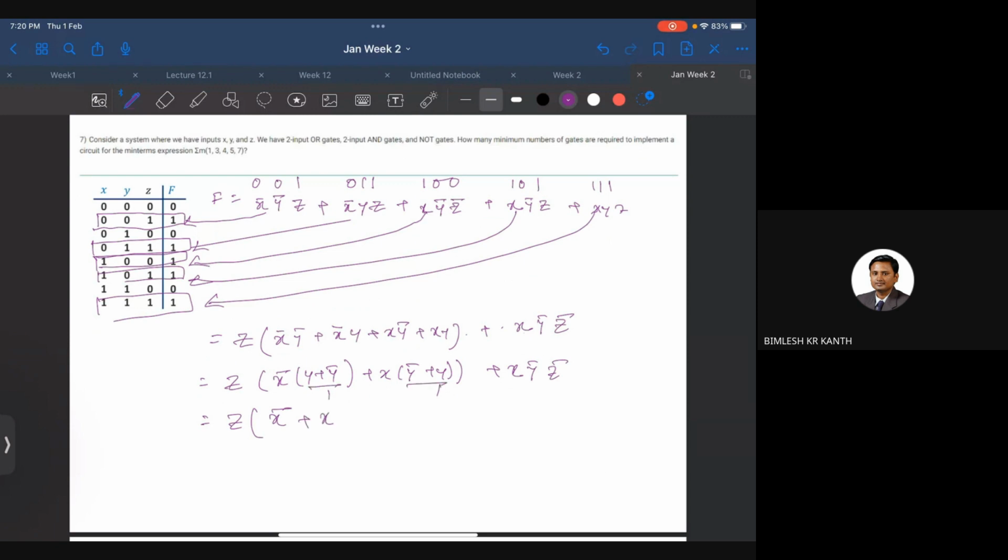So x bar plus x, plus x y bar z bar. So this will be z times x plus x bar, which equals 1, right? So z plus x y bar z bar.